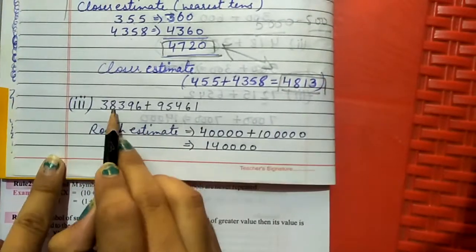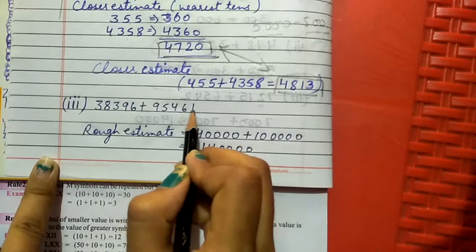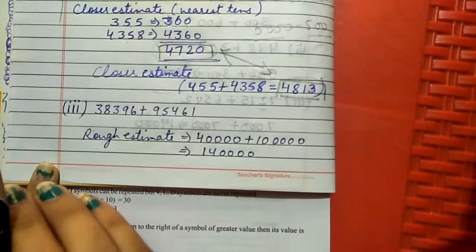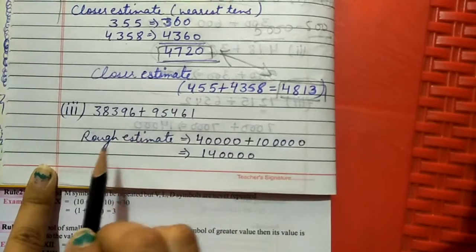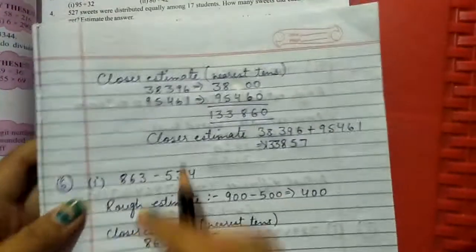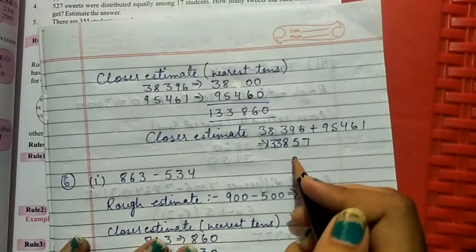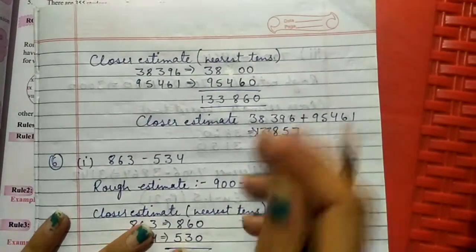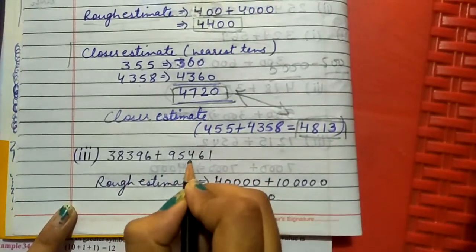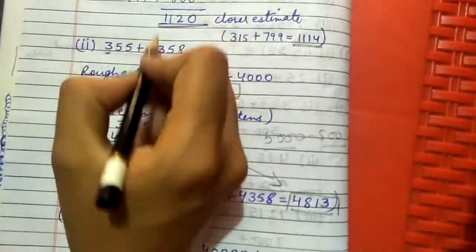Simply you can see these numbers also. Here are the numbers, these are 5-digit numbers, these are also 5-digit numbers. Here also some people get confused, but you have to see that rough estimation is not so important. The most important part is closer estimation and actual estimation, because the answer key at the back makes differences here or there, like in this question.